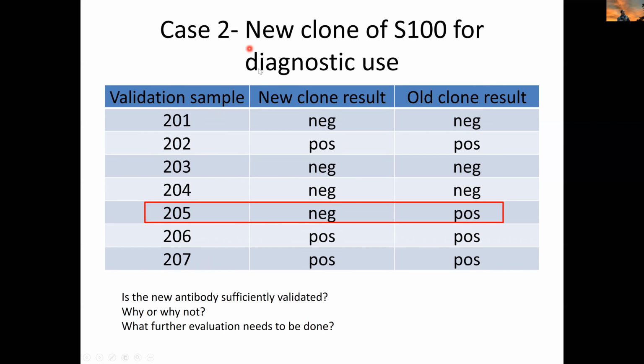Remember, it's a new clone. So it's not well validated. And what needs to be done? Well, for a new assay of a non-predictive marker, 20 cases, 10 positive, 10 negative, should be done, unless the medical director deems otherwise, and a 90% concordance rate should be achieved.